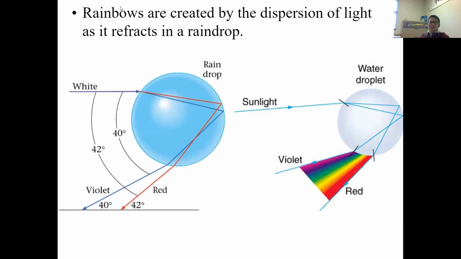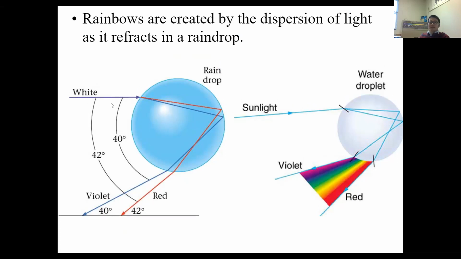When a rainbow shows up, it's because sunlight hits a water drop in air and gets refracted into the water, reflected one time at the back of the water drop, and then refracted again back into air the second time. So there's one refraction, one reflection, and then refraction again.